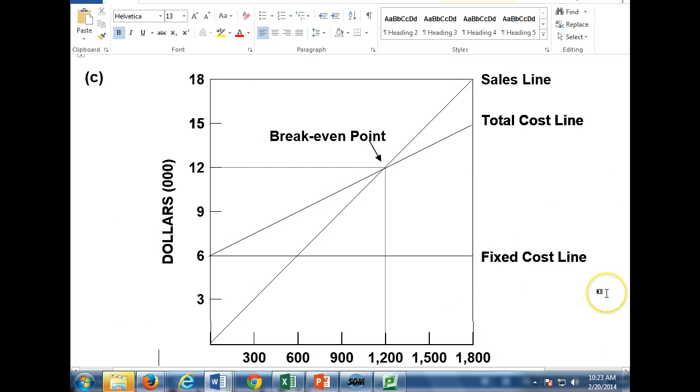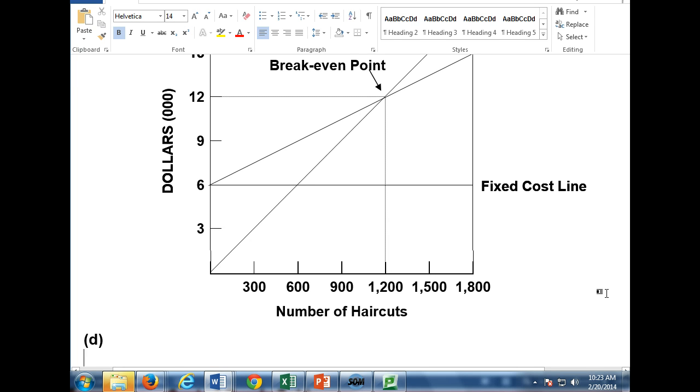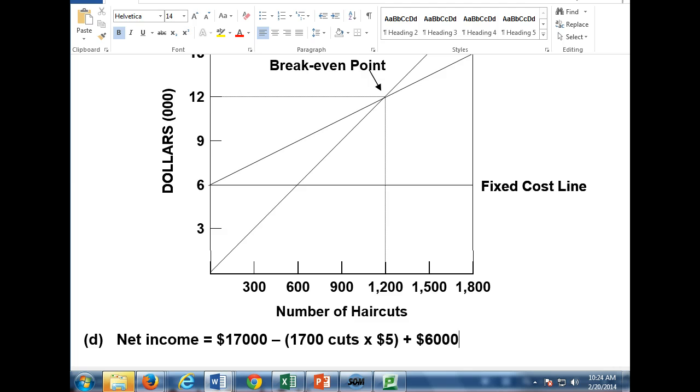We can start with 1,700 haircuts at how much a haircut? 17,000, excuse me, minus, what are our variable costs? 1,700 cuts times $5 a cut, plus $6,000 in our fixed costs, right?